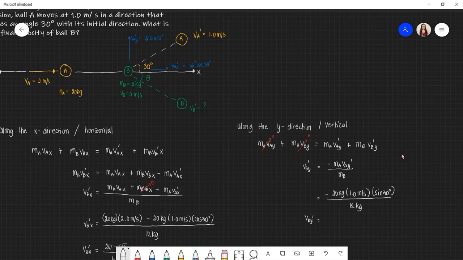So the y component of ball B is negative 20 times sine of 30 degrees divided by 12. It will give us negative 5 over 6 meter per second.